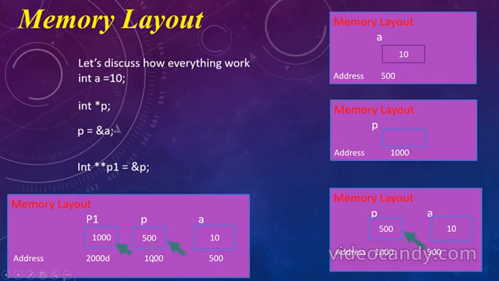Now pointer p has the address 1000 and that will be stored in p1. So this p1 is a double pointer because it is storing the address of another variable which is of pointer type. So this is all about double pointers. Let's do one question on that so we have more clarity.